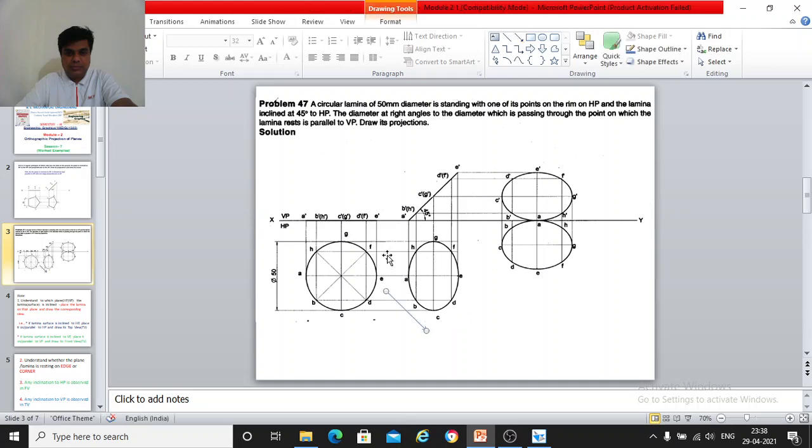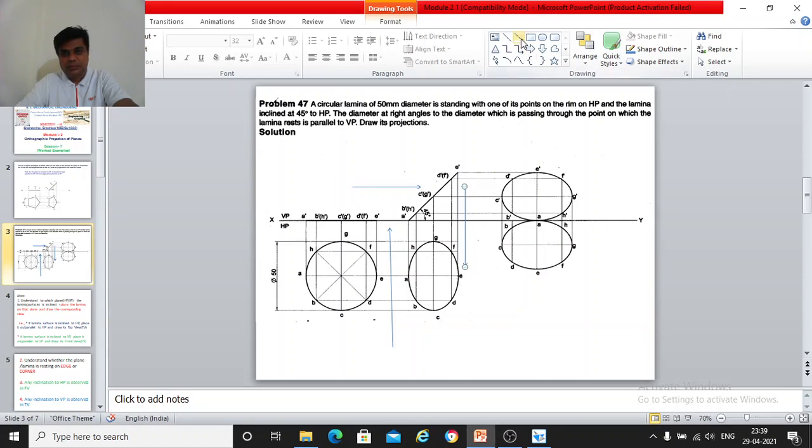From this top view, you will be drawing the front view. Then from this front view, we will be drawing the second stage. So once we get the front view in the second stage, from this front view we will be drawing the top view. Then in the third stage we will take the top view.